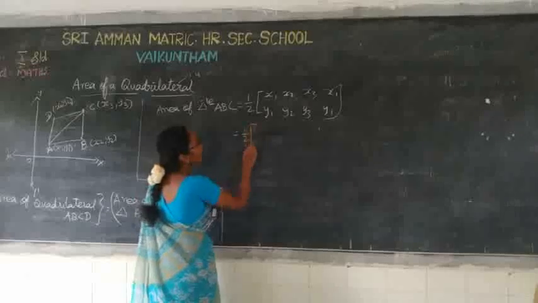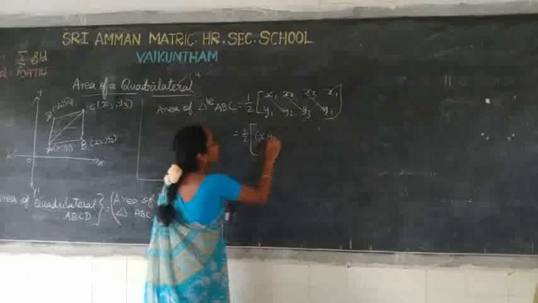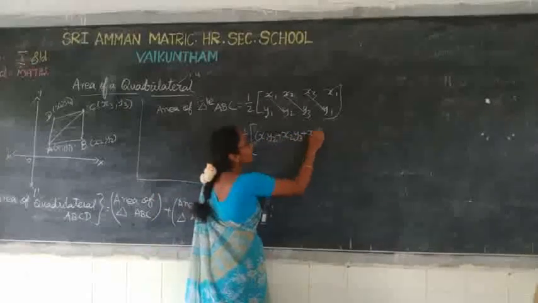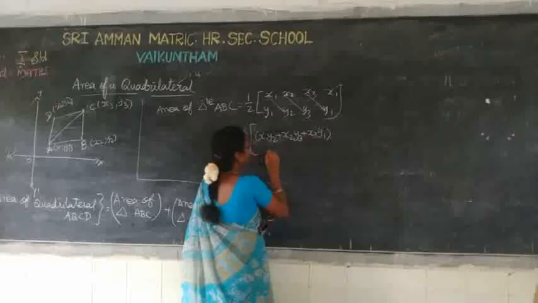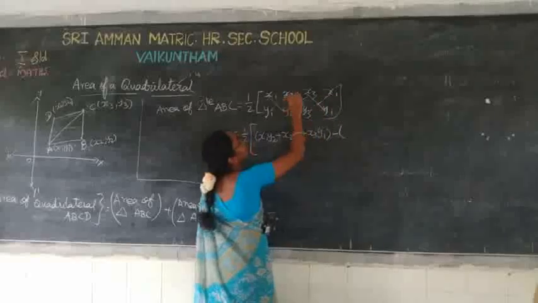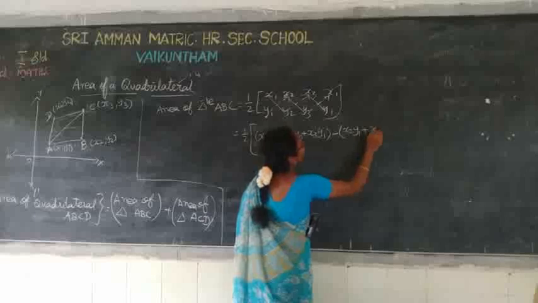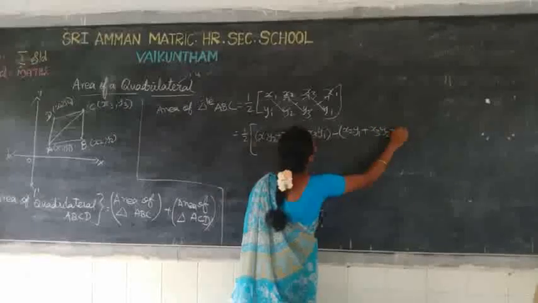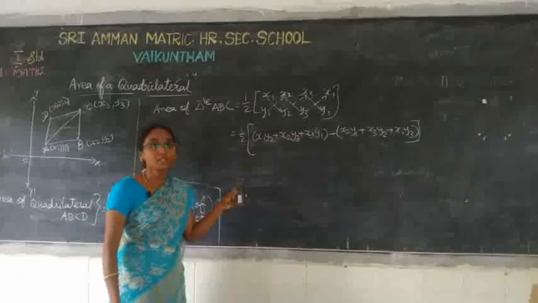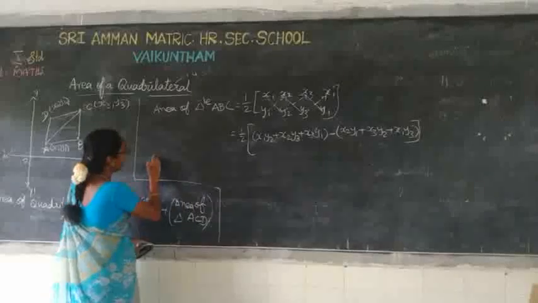That is, half into first down arrow x1y2 plus x2y3 plus x3y1, minus up arrow x2y1 plus x3y2 plus x1y3. You already know this formula from the last video.